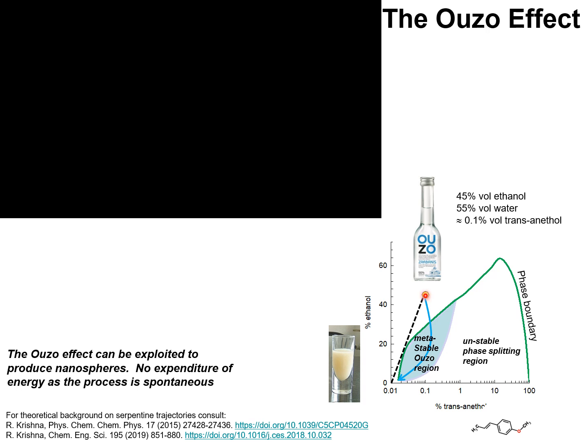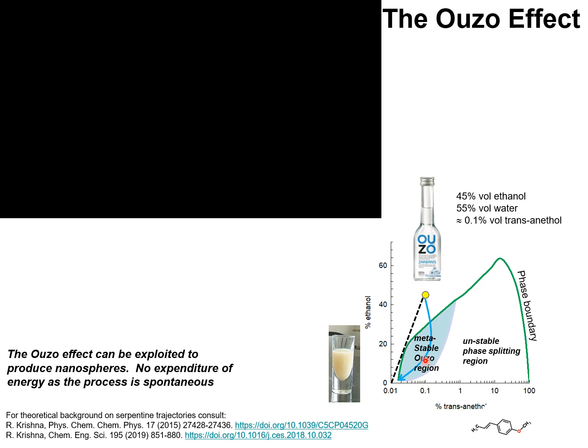A further point to note is that the entry into the metastable region follows a curvilinear path. If the equilibration trajectory between Ouzo and water were to follow a straight line, the metastable Ouzo region will not be entered.